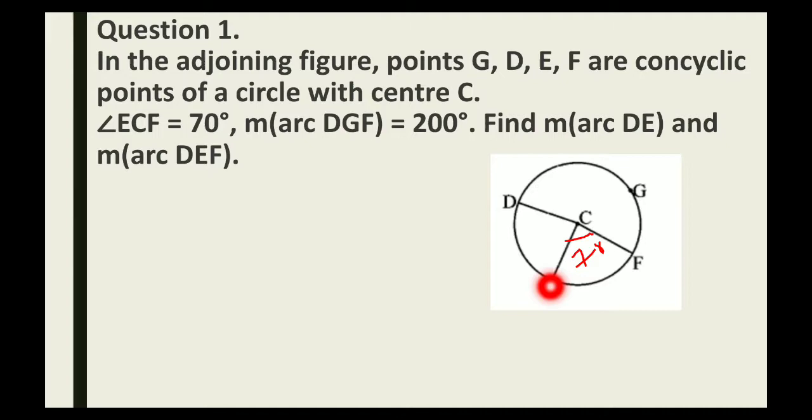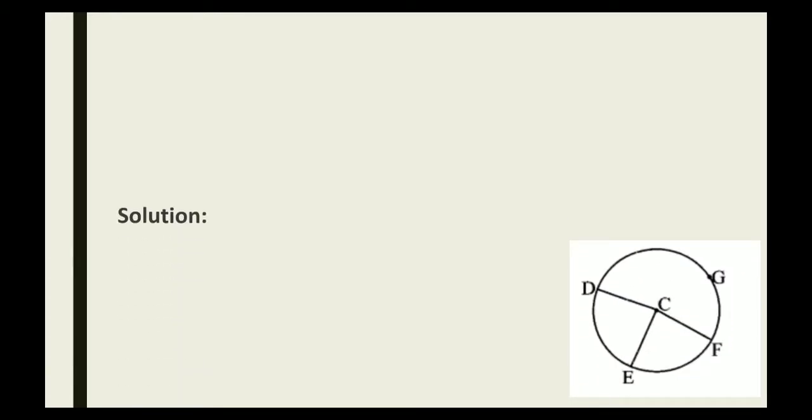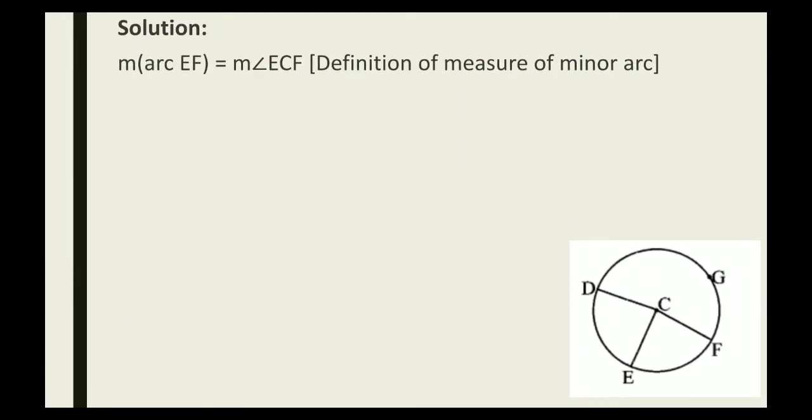So I have to find the measure of arc DE. Let's find, children. Very easy, like angle addition. We know that the measure of arc EF is equal to angle ECF.